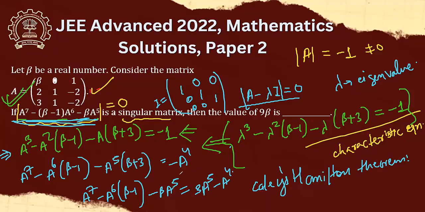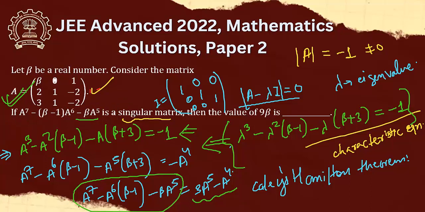So now you see, this thing is what we want here, right? It's the same as this thing is equal to 3A to the power 5 minus A to the power 4. Now I need the determinant of this, right? The question says that this particular matrix, whatever it is, has determinant equal to 0 because it is a singular matrix.